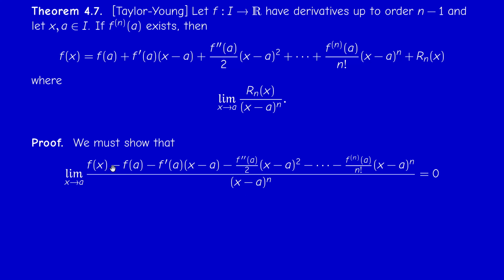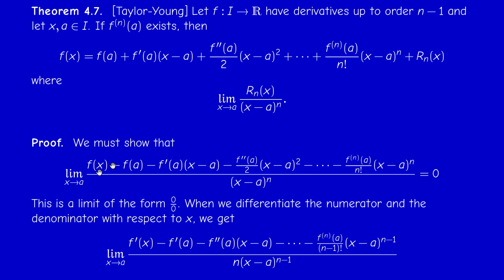Okay, so all the assumptions are there. So we just differentiate another time. Now, if we differentiate, we get f prime of x minus... the f prime of a comes from here, not from here, because this is a constant. So I just differentiate each term. The derivative of the last term with respect to x is just f^(n)(a), which is a constant, divided by (n minus 1) factorial over (x minus a)^(n-1).